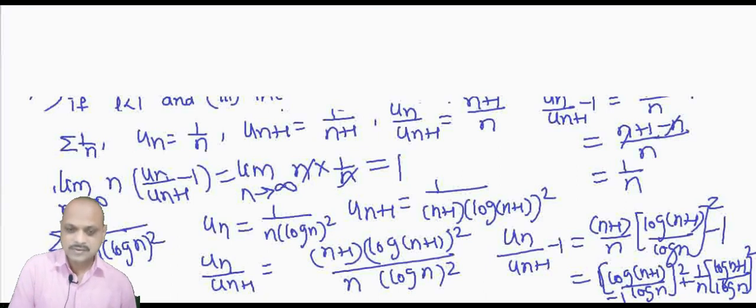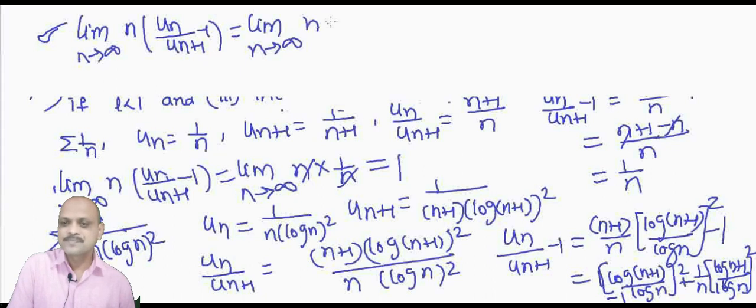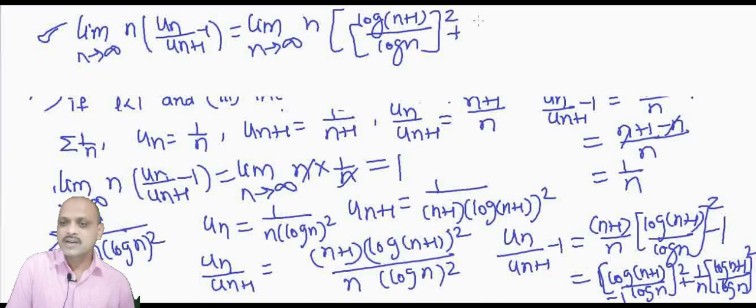Okay. Now let us take the limit of this, limit n tends to infinity of n into un divided by un plus 1 minus 1 equal to limit n tends to infinity n into log of n plus 1 divided by log n whole square plus 1 divided by n into log of n plus 1 divided by log n whole square minus 1.